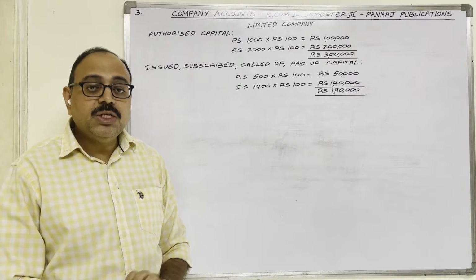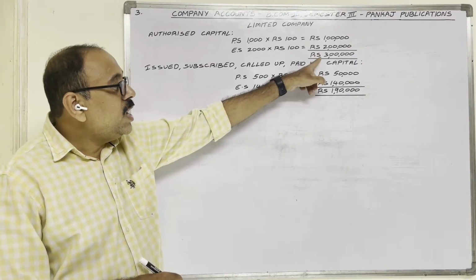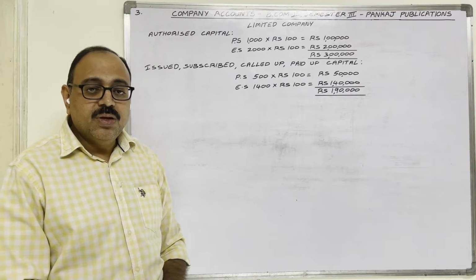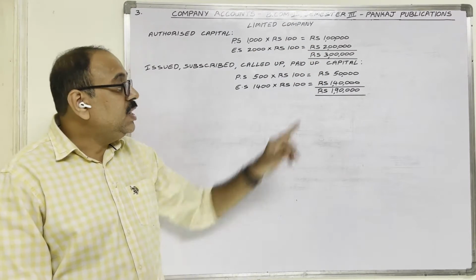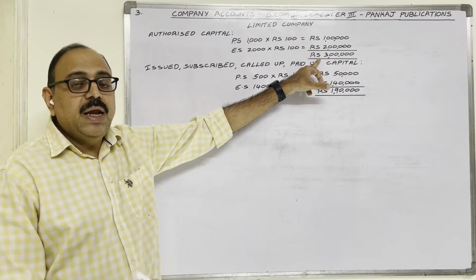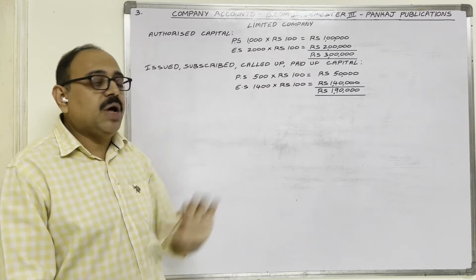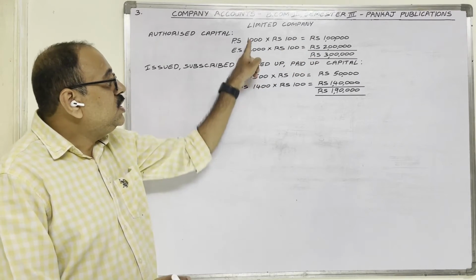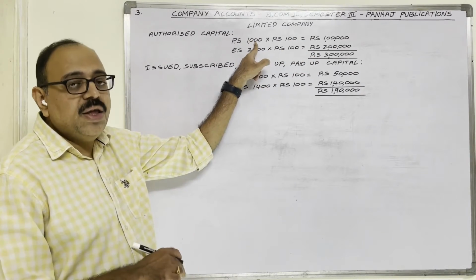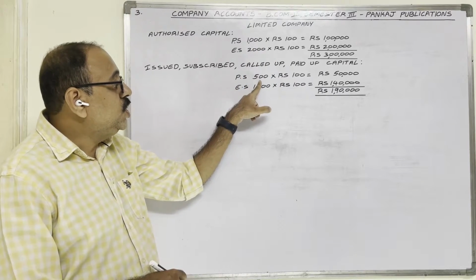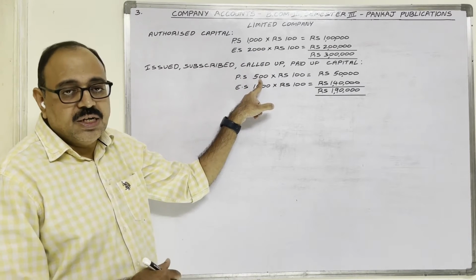The company is authorized to collect 3 lakh rupees from the public. So the company's authorized capital is 3 lakh rupees. And in the current year, the company is not going to collect this total money. Out of the 1000 preference shares, in the current year, the company wants to issue only 500 shares.